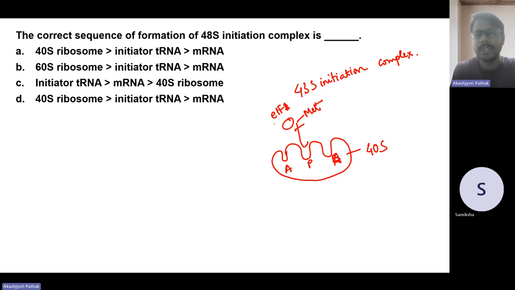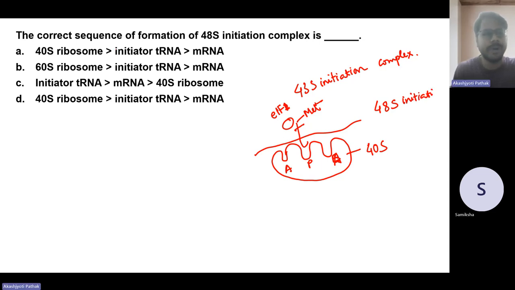Together, these three components will form the 43S complex. Now, after this 43S initiation complex is formed, once the mRNA comes and binds to this 43S initiation complex, the structure that is formed is called the 48S initiation complex. Okay.